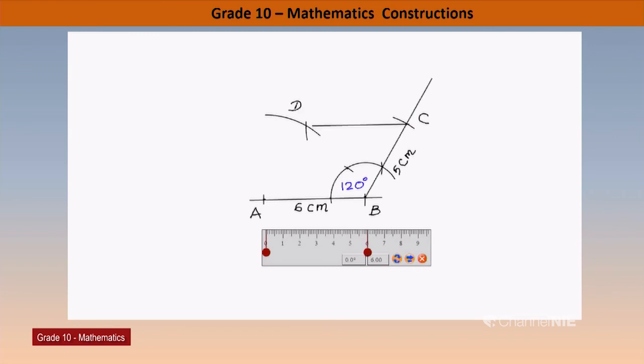Let us join that two points C and D as well as A and D. Here we have found ABCD parallelogram. AB is equal to DC, even we have constructed BC equals to AD.